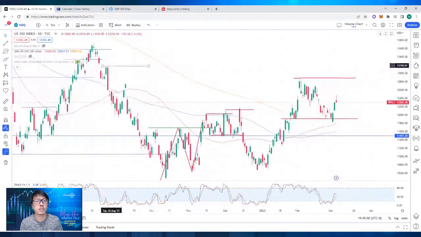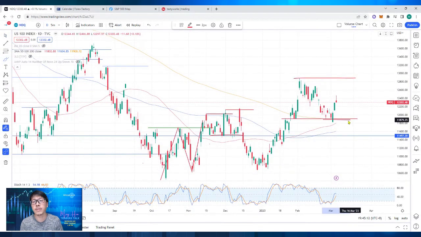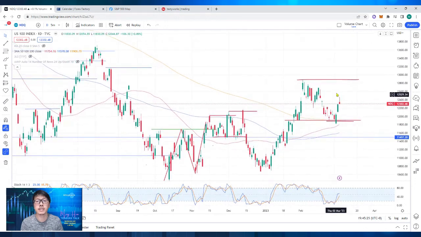Yeah, this is the 200 moving average, and of course, moving average is also one indicator which we use to identify possible support and resistance lines.